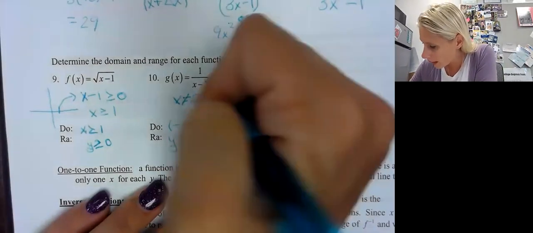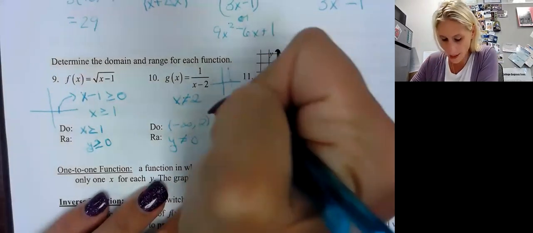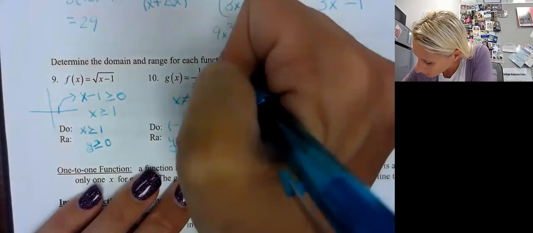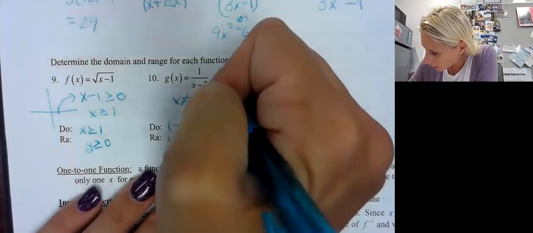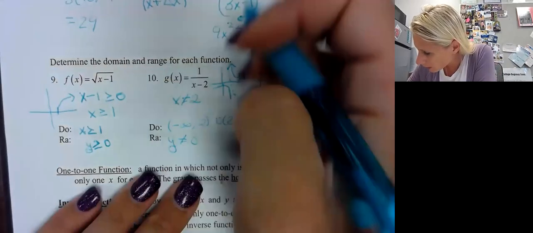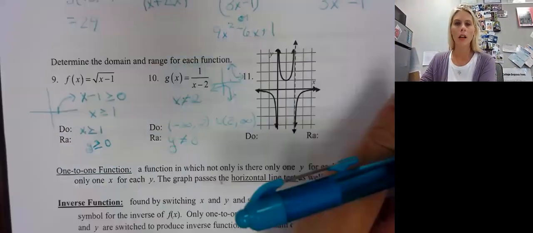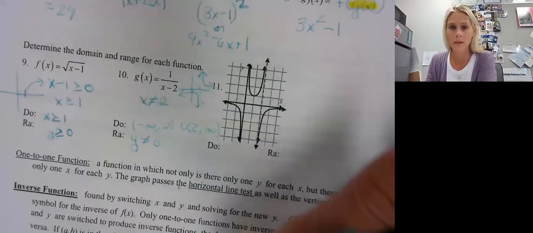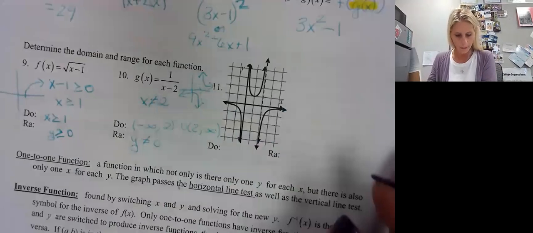Remember, because at 2, we would have a vertical asymptote. And then what happens is our graph does our little curves, but it never crosses the y-axis, or x-axis, sorry.